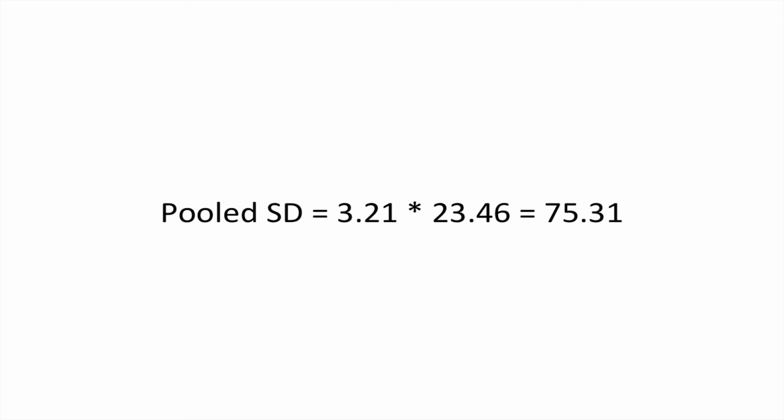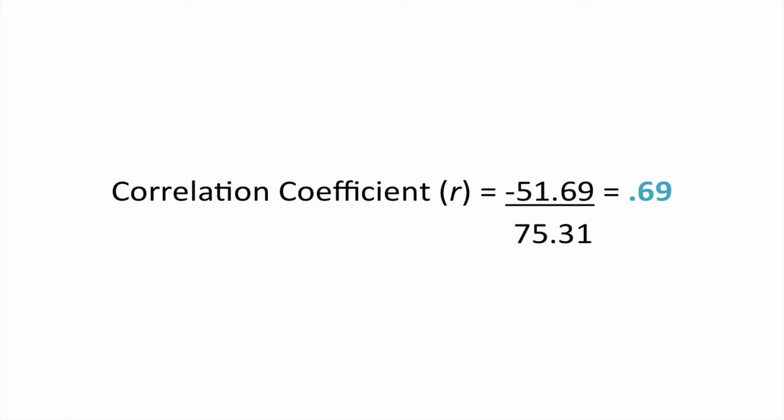If we take that and substitute it into our correlation equation, we take the covariance we calculated and divide it by the product of the standard deviations, and this gives us a value that, like any correlation, can only be between minus 1 and plus 1. We get a correlation coefficient of 0.69, so quite a strong relationship, really.